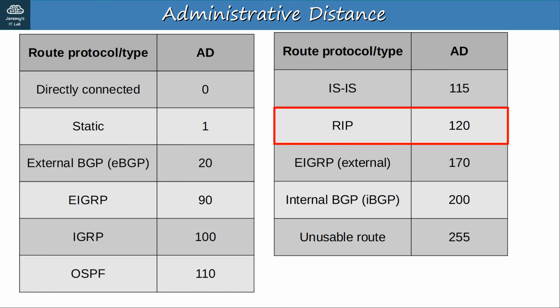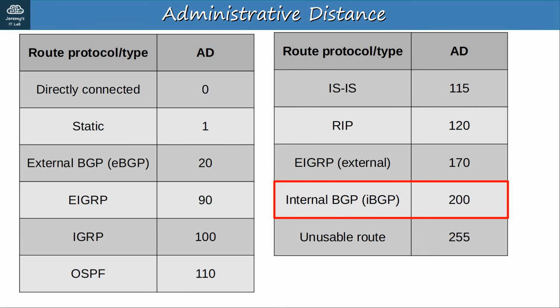So, of the IGPs I showed you, which are RIP, EIGRP, OSPF, and IS-IS, EIGRP is the most preferred. It has the lowest AD. However, EIGRP external routes have a higher AD, 170. These are beyond the scope of the CCNA. But basically, they are routes from outside of the EIGRP network that are then advertised into EIGRP.